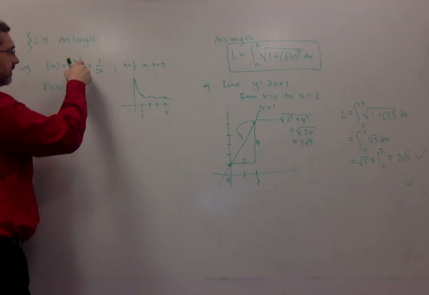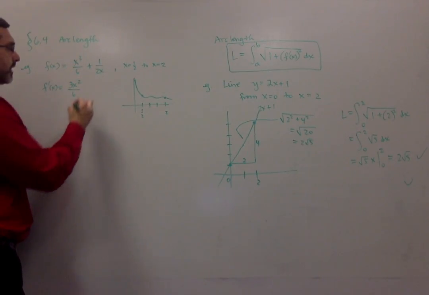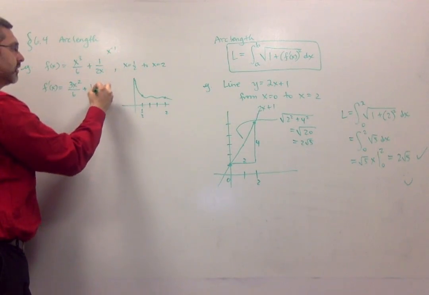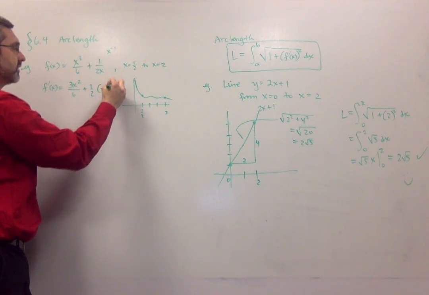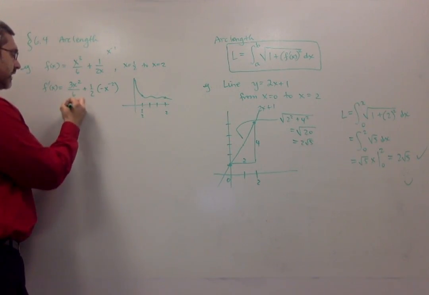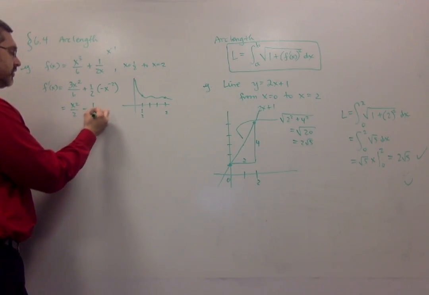The derivative is going to be 3x squared over 6 plus 1/2. This is x to the minus 1, so when we differentiate, we're going to get negative x to the minus 2. So in other words, we're going to get x squared over 2 minus 1 over 2x squared.